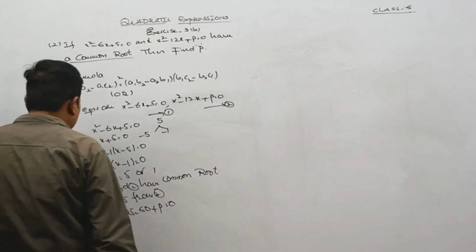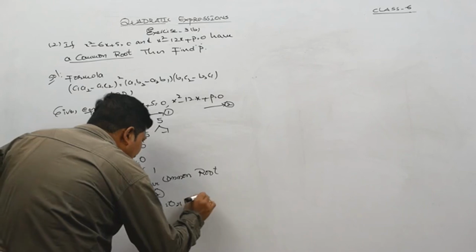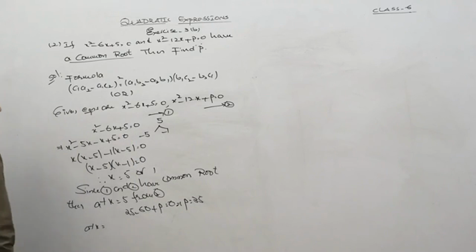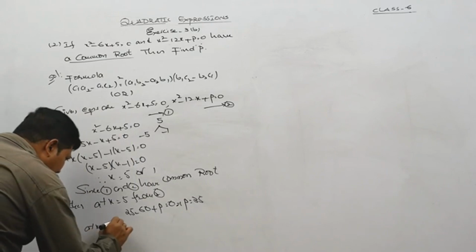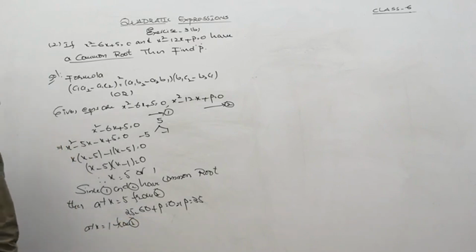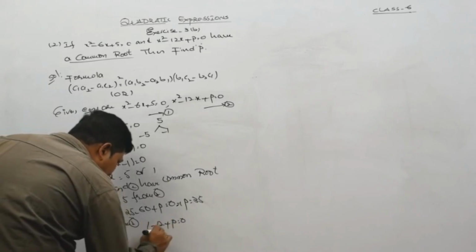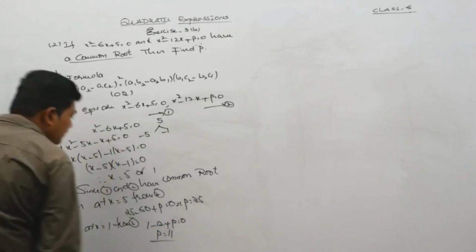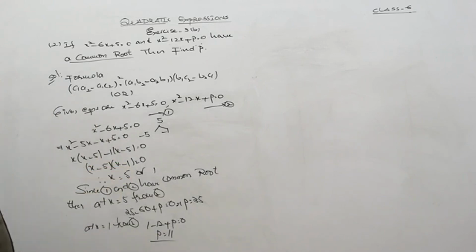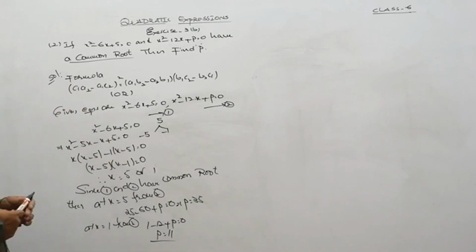So 25 minus 60 is minus 35, taking to the other side, p is equal to 35. Next, at x is equal to 1 from equation 2, substituting, 1 minus 12 plus p is equal to 0. 1 minus 12 is minus 11, taking to the other side, p is equal to 11. This is one method, and you can use that formula to do that problem also.